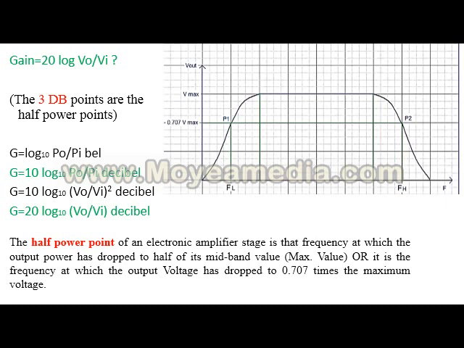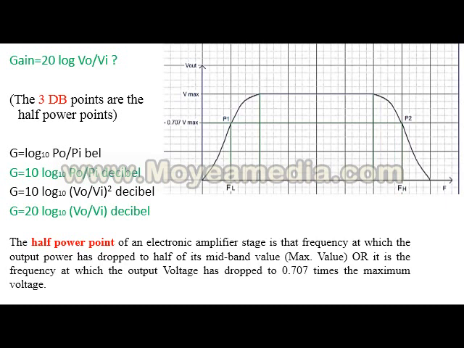Always remember, the half power point of an electronic amplifier stage is that frequency at which the output power has dropped to half of its mid value or the maximum value, or it is the frequency at which the output voltage has dropped to 0.707 times the maximum voltage.